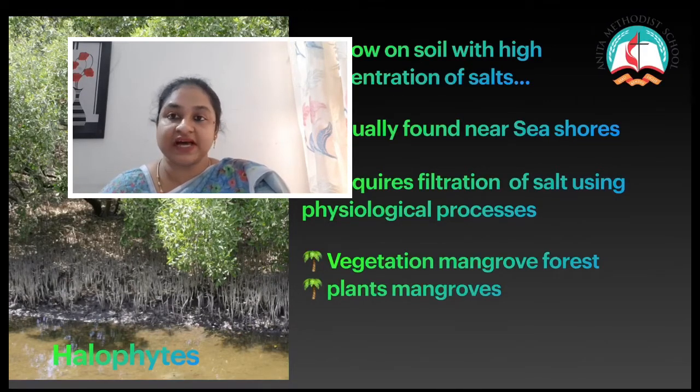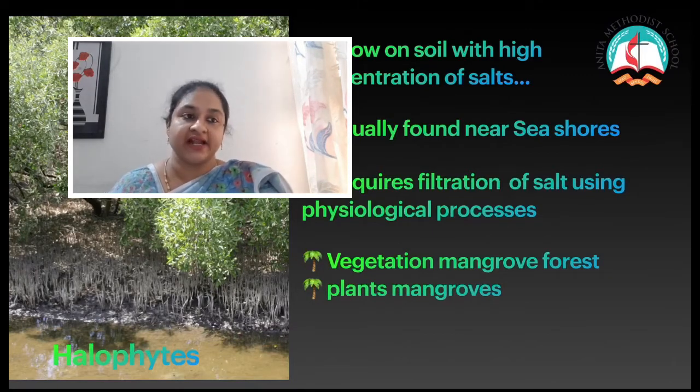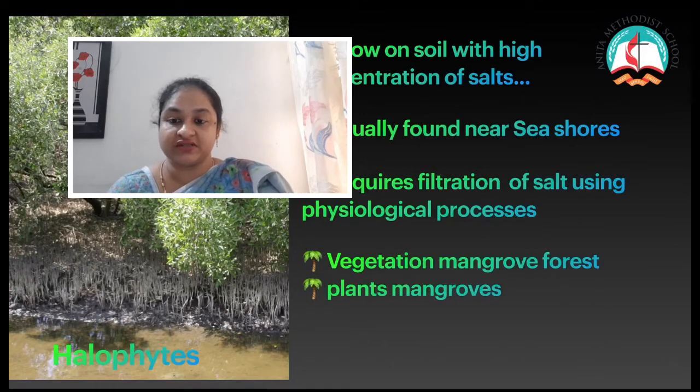These plants cannot use the salt water directly. They have to filter the salt in it. So their filtration of salt is done using a physiological process. This type of vegetation is called mangrove forest, and these plants are called mangroves.